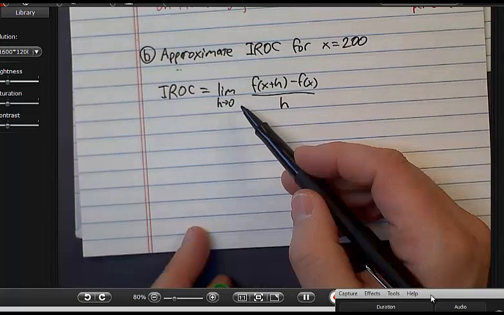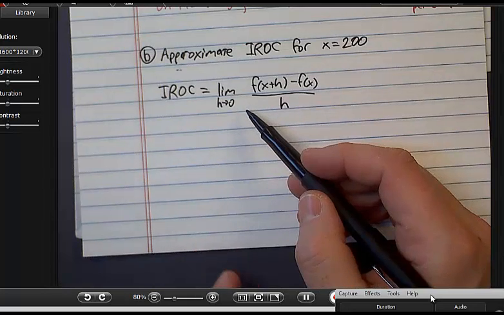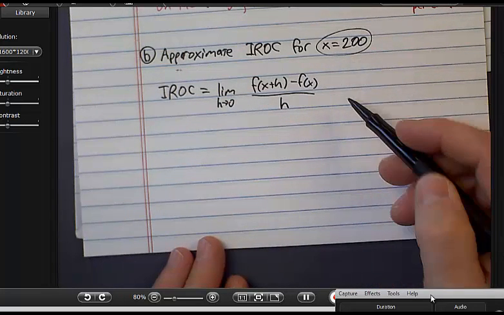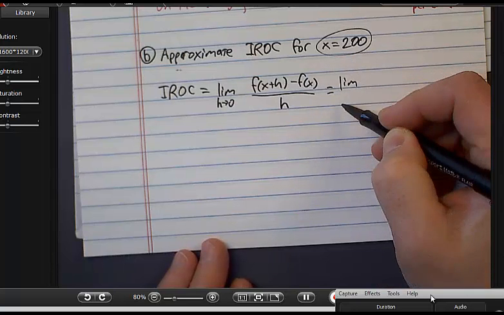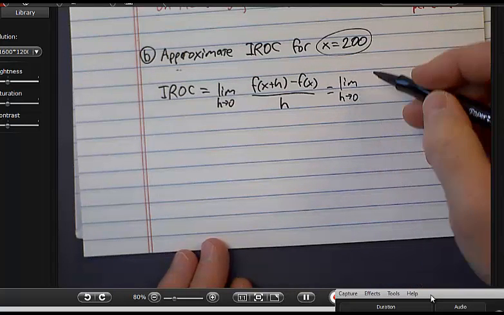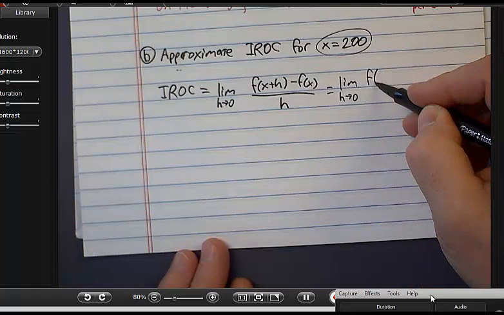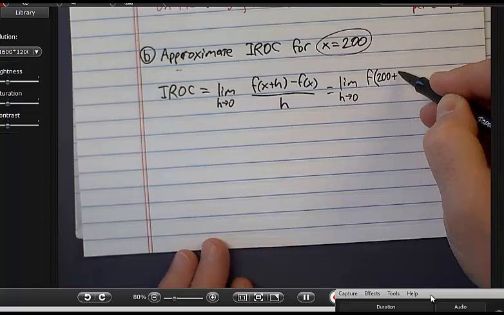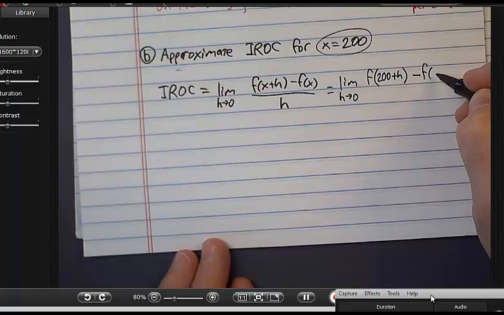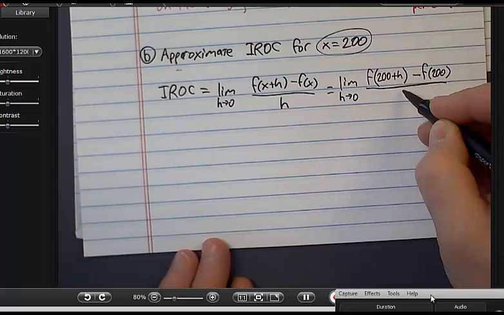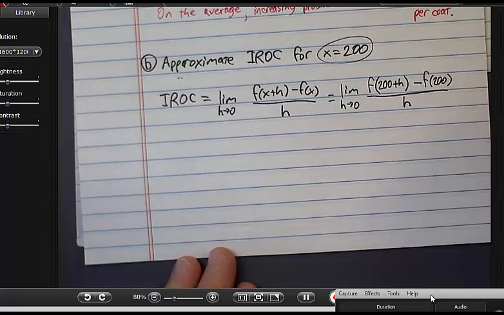So what I really want here, I know that x is 200. So this is the limit as h approaches 0 of f of 200 plus h minus f of 200 all over h. Okay?